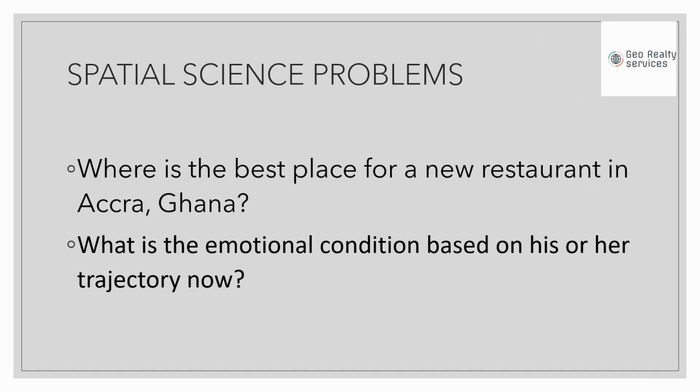Spatial data science problems could be simply defined as problems associated with where, for either the input data or output results or both. Examples are: where is the best place for a new restaurant in Accra, Ghana? What is the emotional condition based on his or her trajectory now?